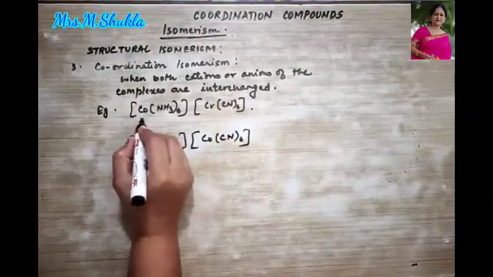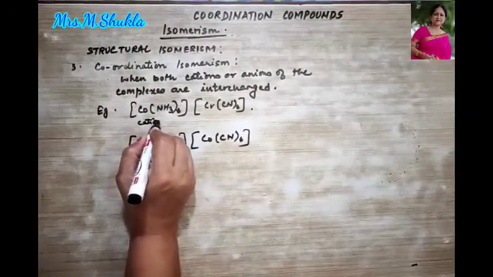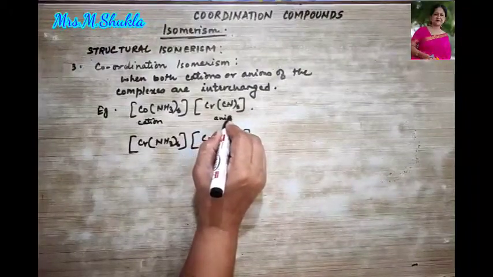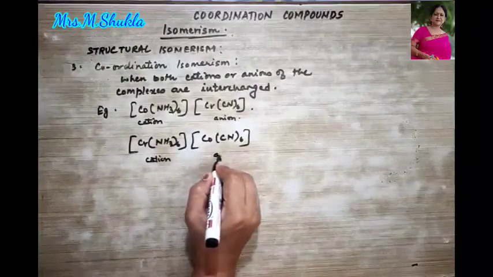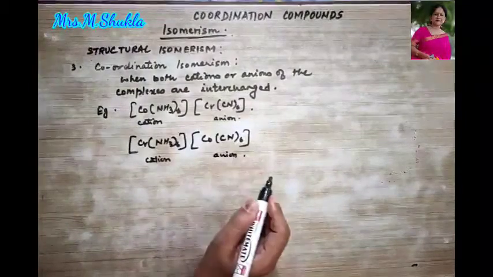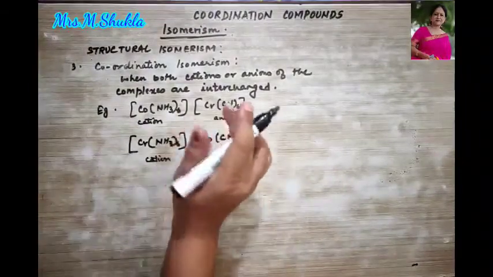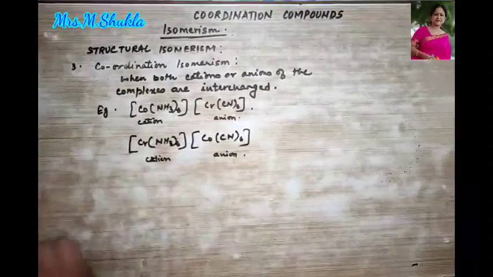Now see here, this is a cation, okay, and this is an anion. This is again a cation, and this is an anion, right? So over here, how can I say that this is an anion and this is a cation?